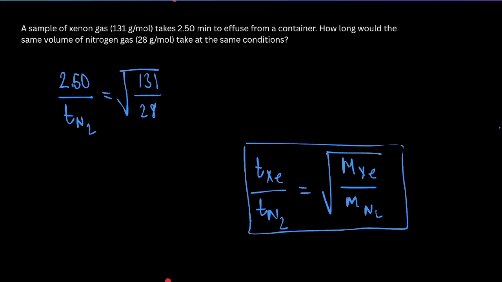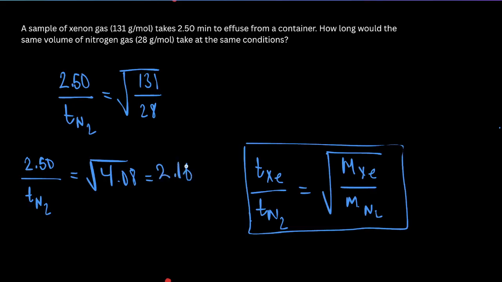And so this gives us 2.5 over the time it takes for nitrogen, which is what we're trying to find, equal to the square root of 4.08. And the square root of 4.08 is approximately 2.16.